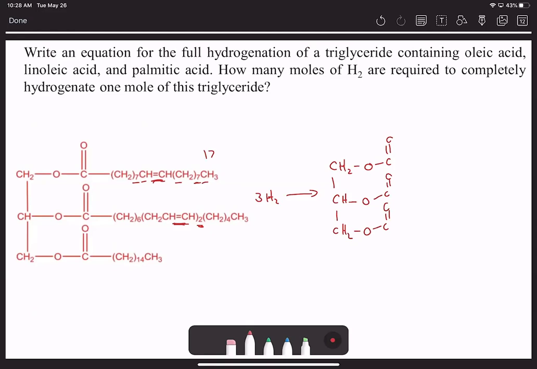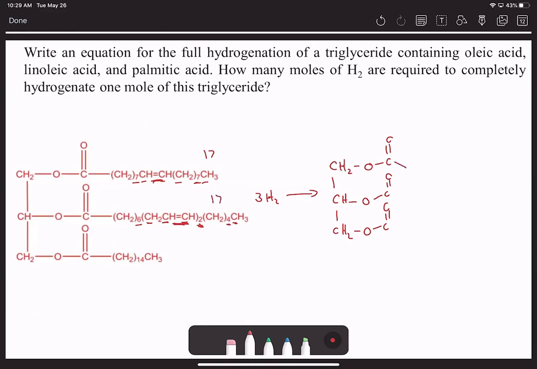So 17 carbons are in this chain, not including the carbonyl. Here I have 6, 7, 8, 9. 2 of them, 10, 11, 12. 12 plus 4, 16, 17. So again, 17 carbons here.